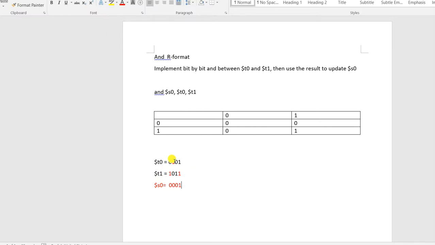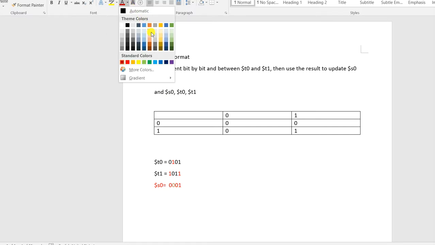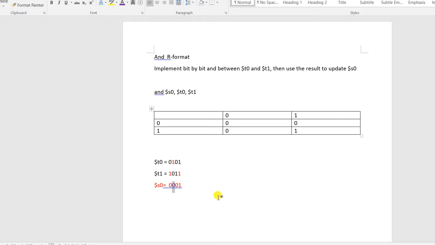By doing that, the second corresponding bit of S0 is 0, which successfully masks that 1 with a 0. All the other bits stay the same, because I assigned the other bits of T1 as 1, which keeps the original bits of T0. I hope that is clear.